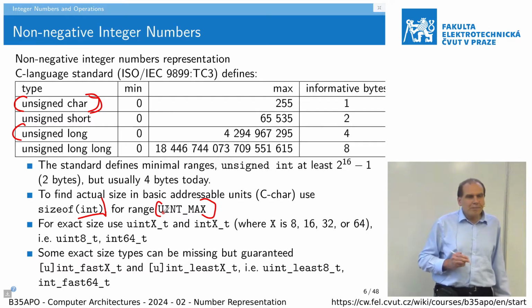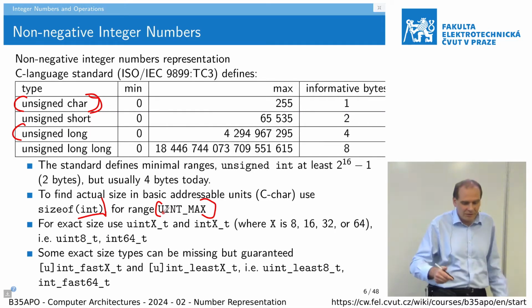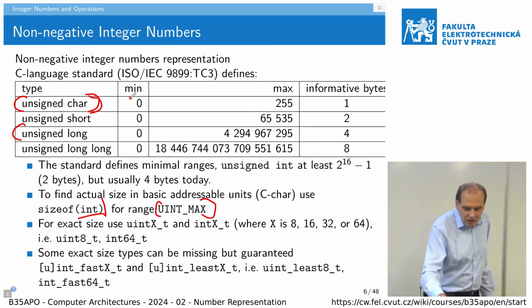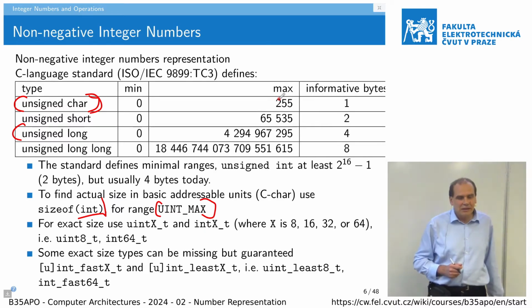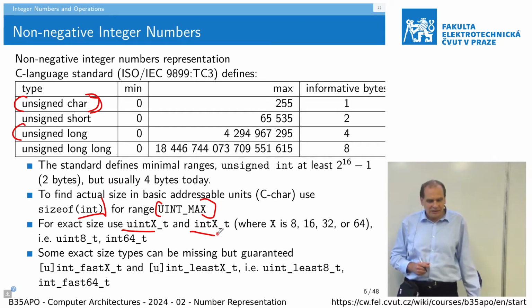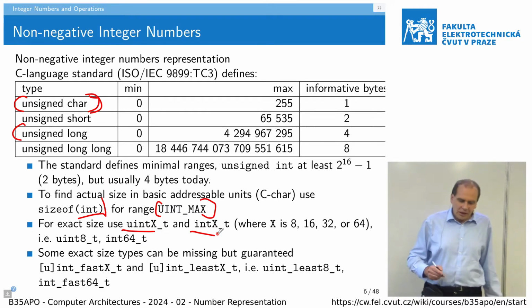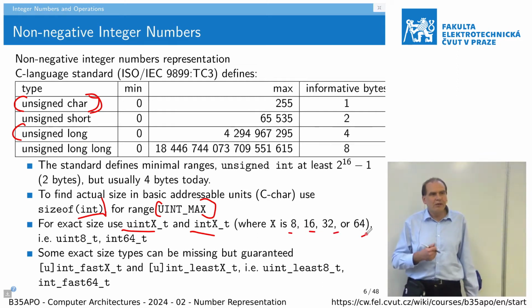If you need to represent exact values, for example, you want to serialize some data and you need to agree with another system which can have a different width of the registers and in theory a different definition above those minimum ranges defined by C, then you should use those types in stdint.h, where you can specify the exact number of bits which you want to have for a given type.